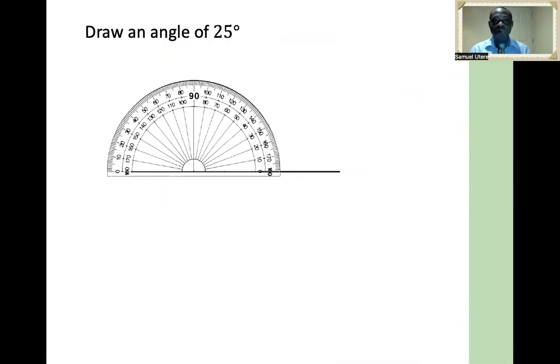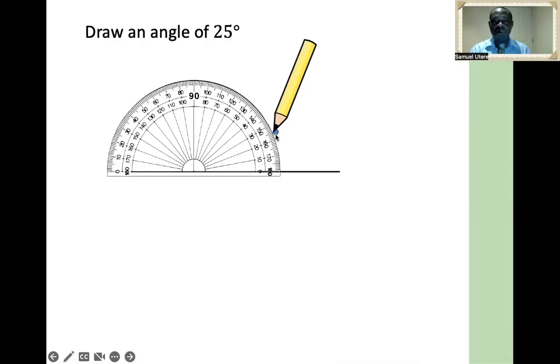You would position the crosshair of your protractor at the end of the line. Next, you would mark 25 degrees. Now you can see that the zero line of the protractor starts here.